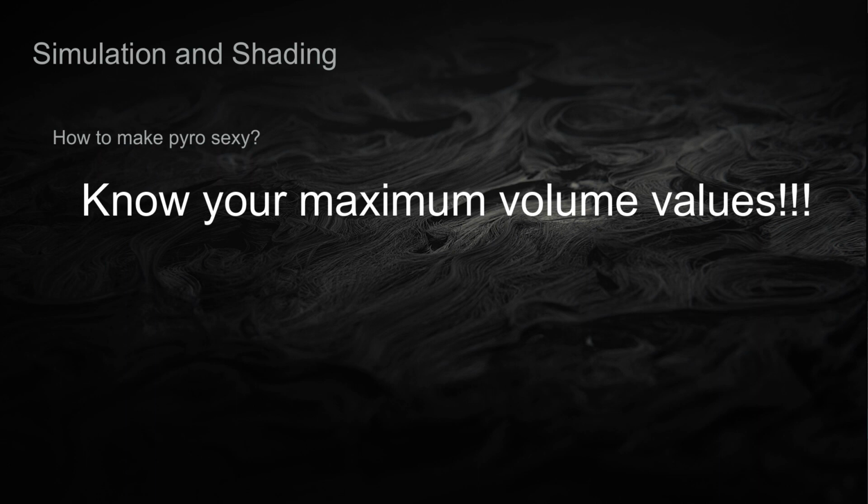So I don't mean that you have to know these on every frame, but please make sure that you know the maximum values for density, temperature, flame, etc. on a couple of the important frames that you would use for shading your explosion, because that could really help you to kind of nail down the look of the explosion. And you can find this information on the actual geometry as a primitive attribute, and this is automatically created for you using the Pyro subsolver.